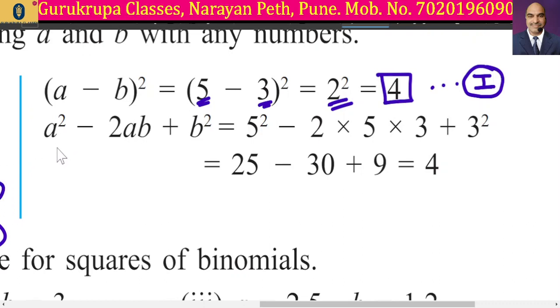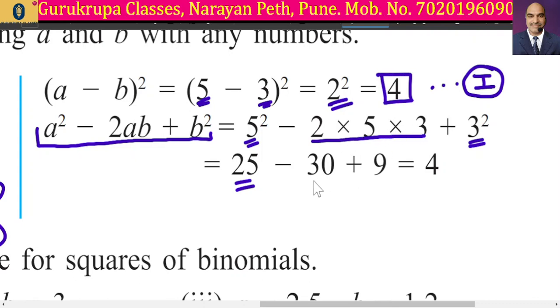Now RHS, expansion formula RHS, a square minus 2ab plus b square. Putting the values we get 5 square minus 2 into 5 into 3 plus 3 square. 5 square is 25. 2 into 5 into 3 we get 30, so minus 30 middle term, and 3 square is equal to 9.